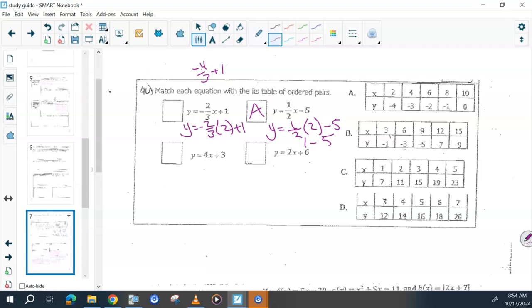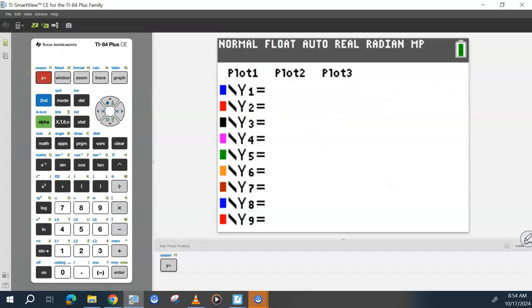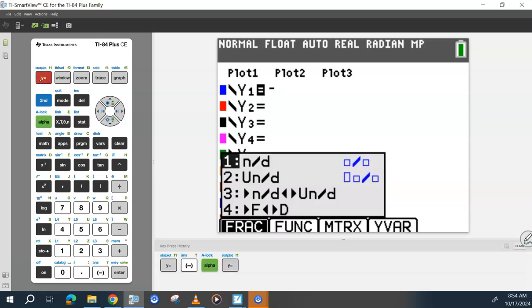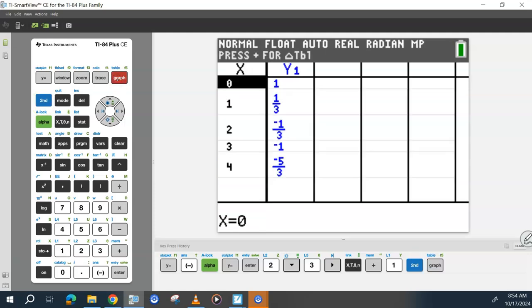Then I could also test it in the calculator. So let's say I put this in the calculator, in my y equals, and I typed in negative 2/3 x plus 1. And I went into the table, second graph, and let's say I'm trying b.